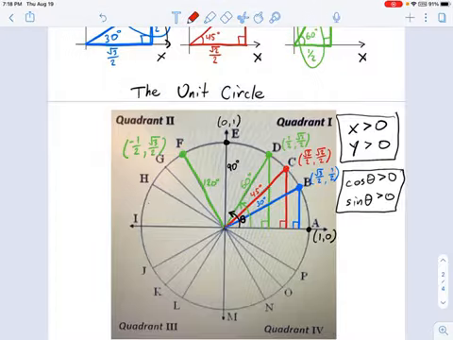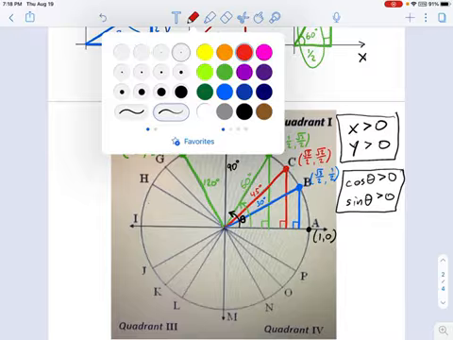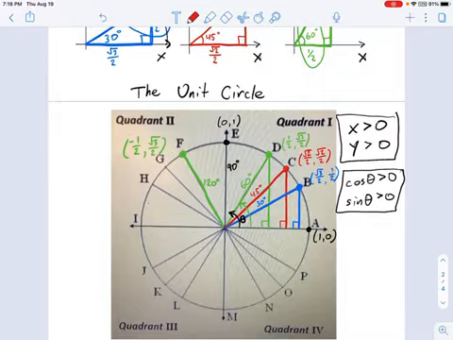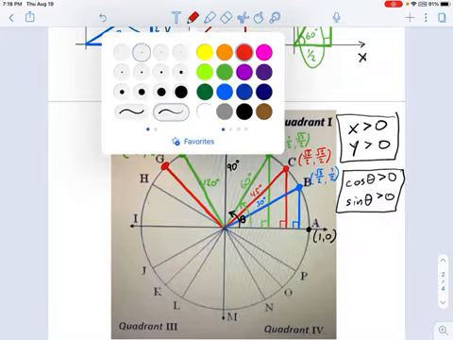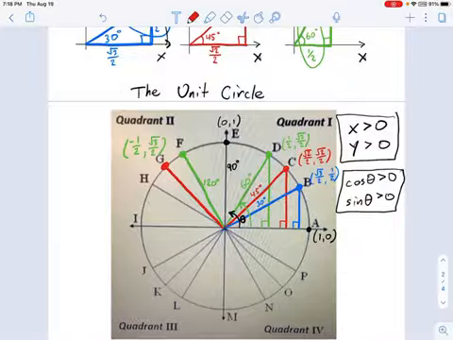Let's try a red triangle. Okay, I'm going to make a statement about the angle 135 degrees. This guy right here is 135 degrees because it's the first one, 45 degrees plus 90 more. So that's my 135 degree angle. And if I said, what's the sine of 135 degrees?